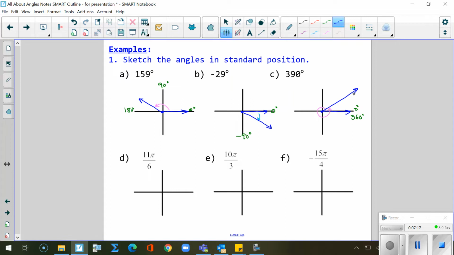Radians are a little bit tougher. It's just a language we're not comfortable with yet, but I promise we will be very soon. Again, I'm going to think about my basic 0 pi, 1 pi, 2 pi, pi over 2, and 3 pi over 2.